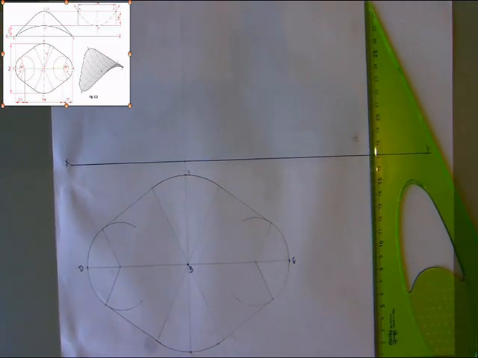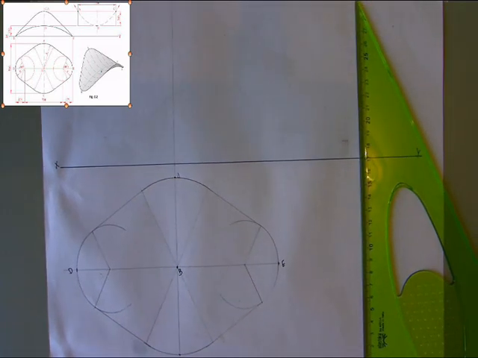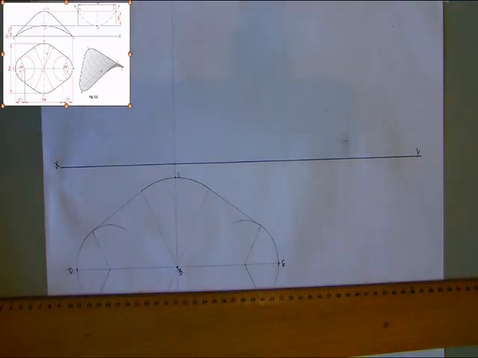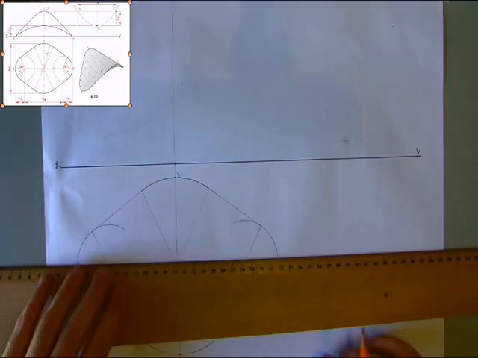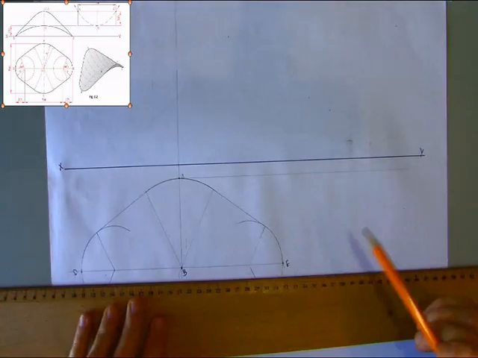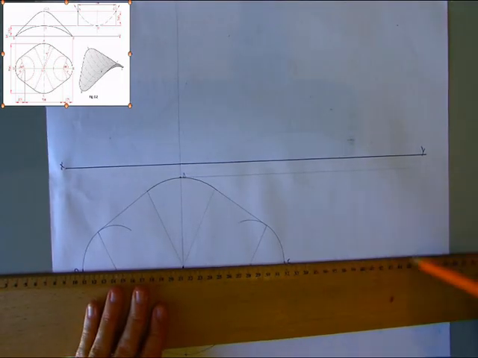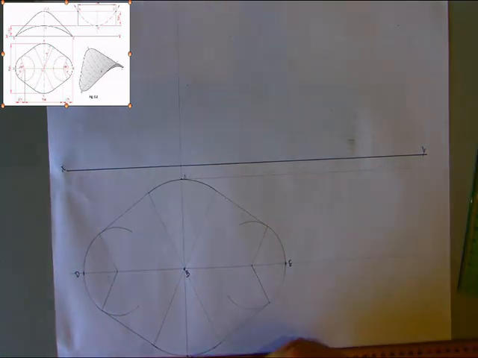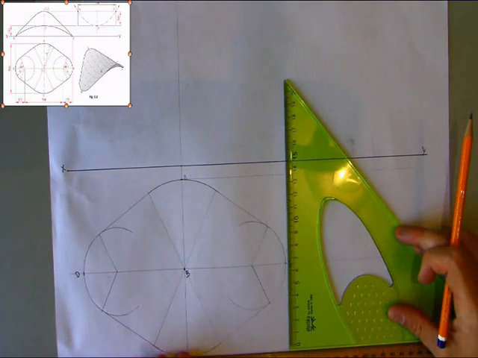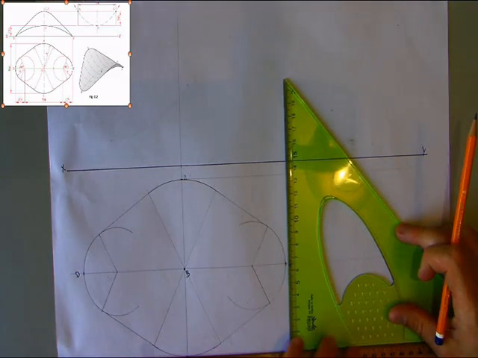Okay, so now what we're going to do is we're going to move on to the end view, and what I'm going to do for this is I will use my 45 degree set square. I need it now in a second. If I bring it across all my points, set up our YY line here.